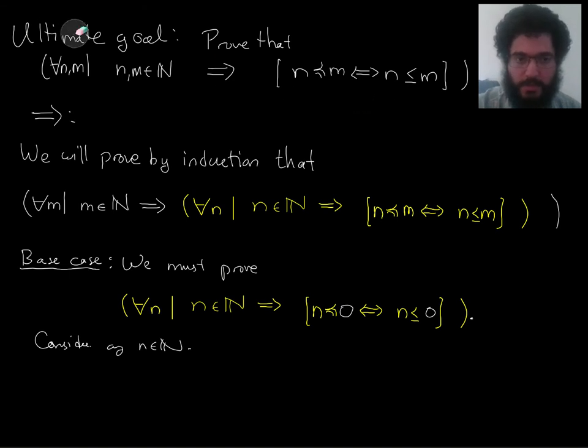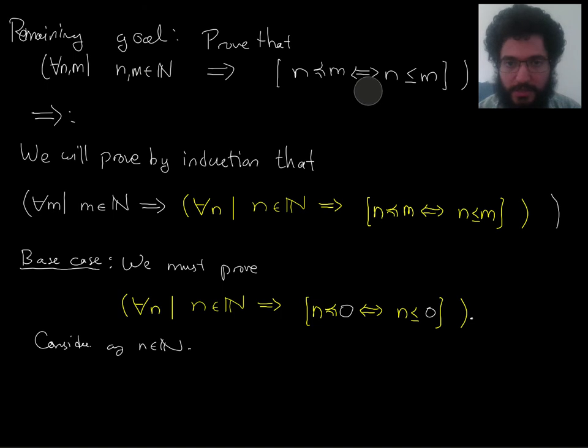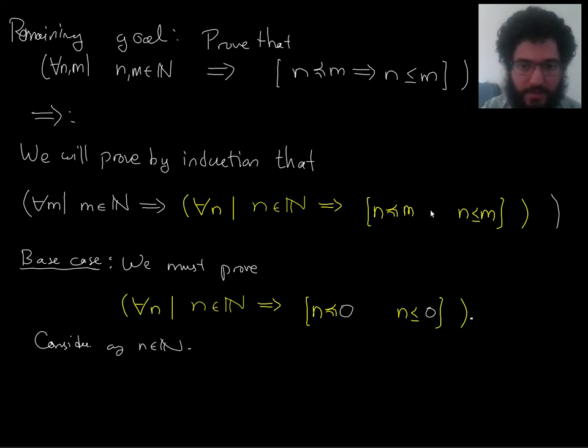So let me write down here, instead of the ultimate goal, the remaining portion of our ultimate goal, and that's to prove the other implication. So this one, that's what's left. So that's actually what I'm going to work on proving by induction. Without induction, we achieved the leftward implication.